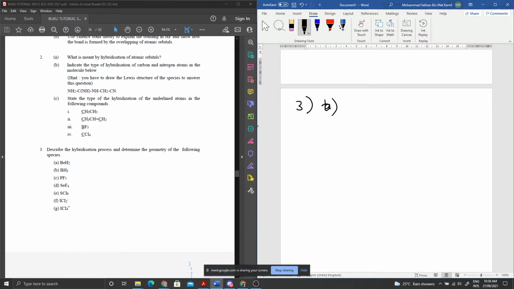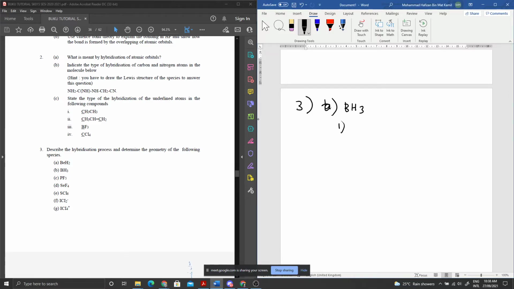So untuk soalan discard hybridization process yang saya cakap tu is, excuse me, yang panjang tu. So untuk this kind of question is the one yang you actually need to spend a little bit of time lah untuk jawab dia. So untuk B, it is BH3.